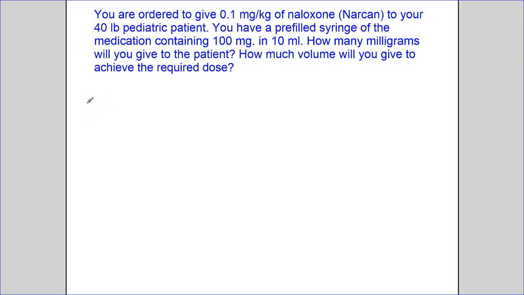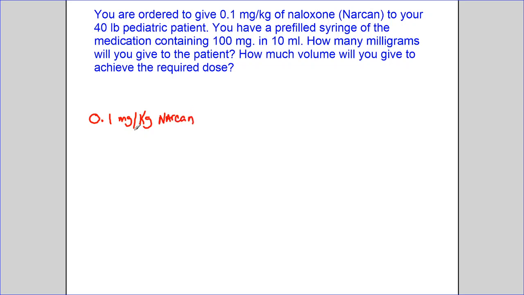All right, so what do we have here? We have 0.1 milligrams per kilogram of Narcan.